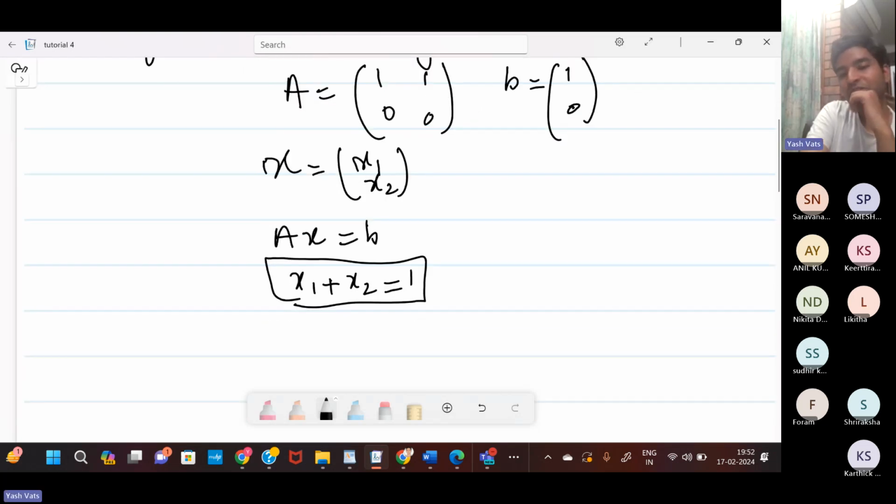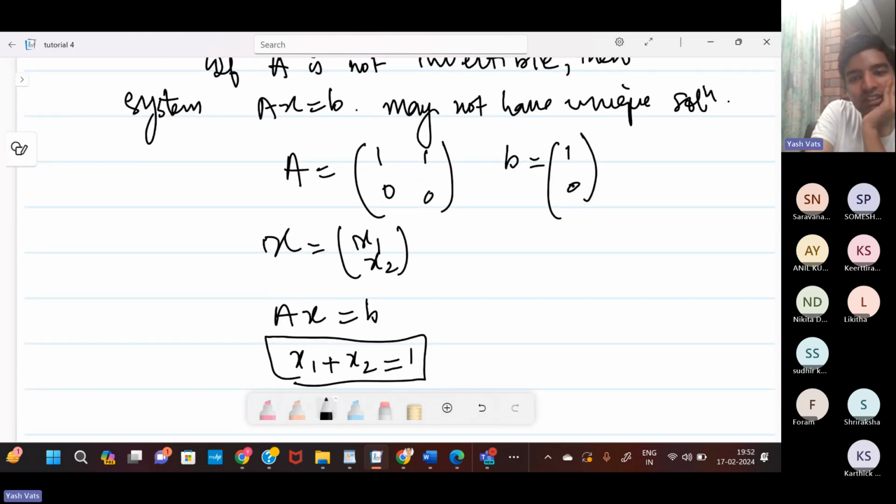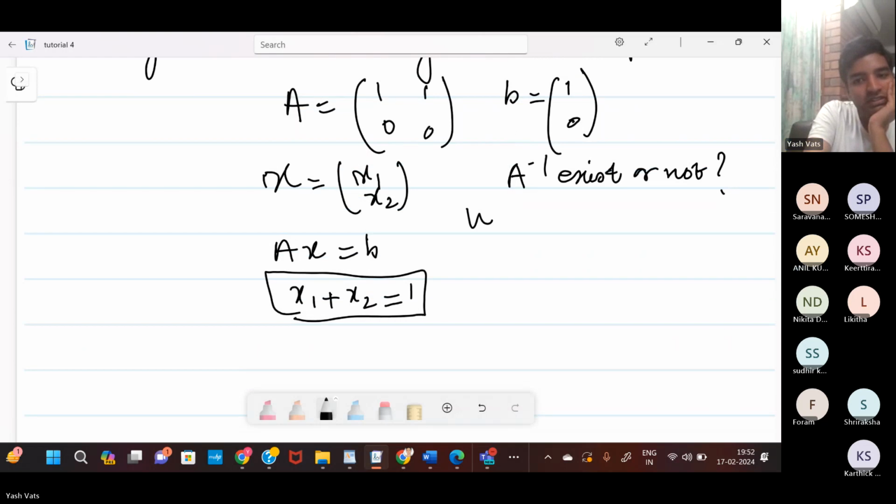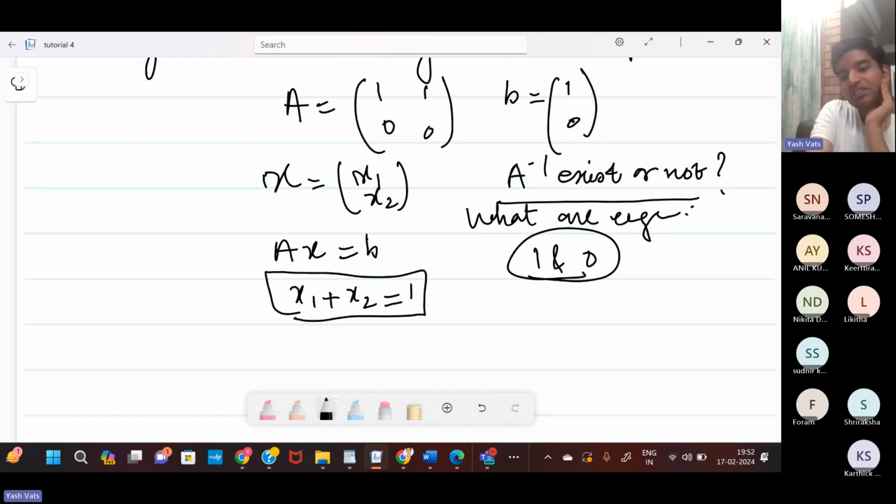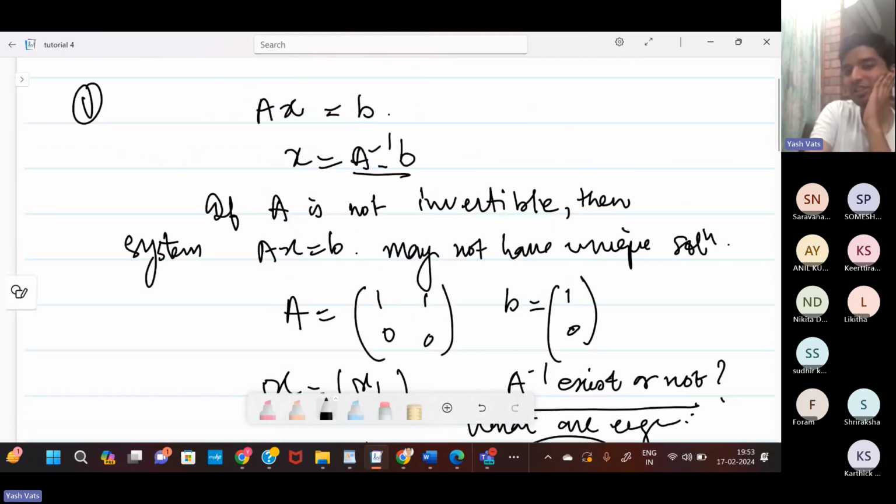So does it have a unique solution? Does A inverse exist or not? No, sir. What are the eigenvalues? 1 and 0. Right, 1 and 0. A inverse does not exist. Not a unique solution. Okay. So it's just an easy one.